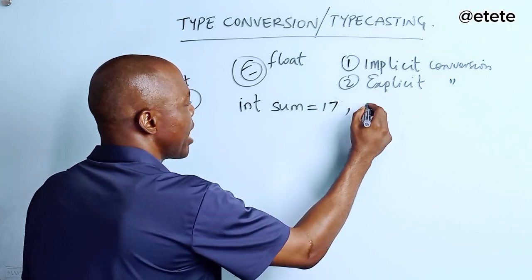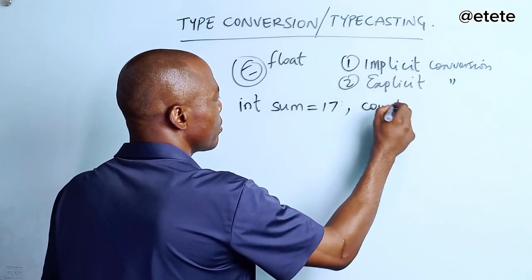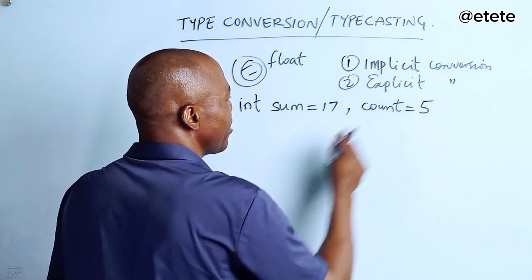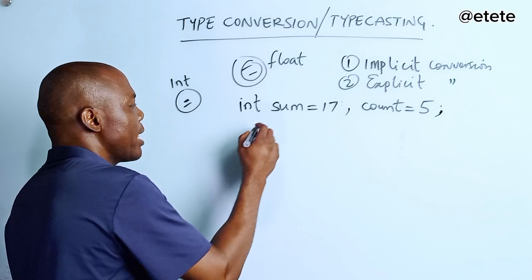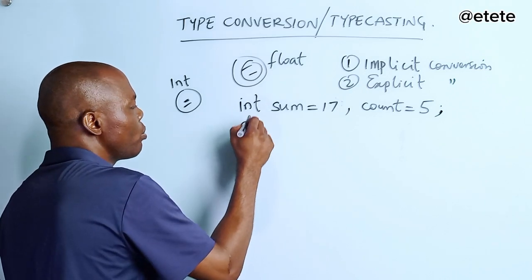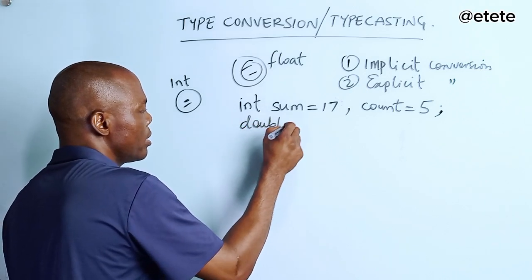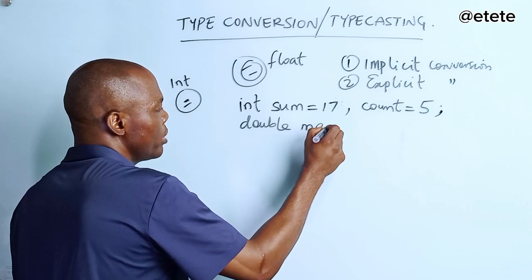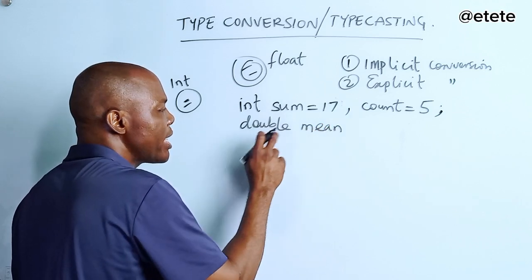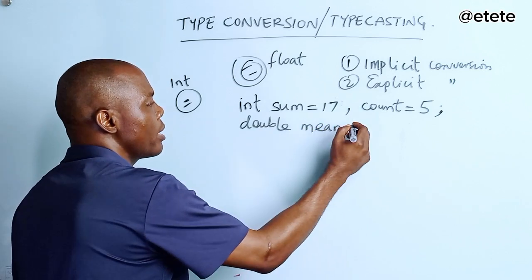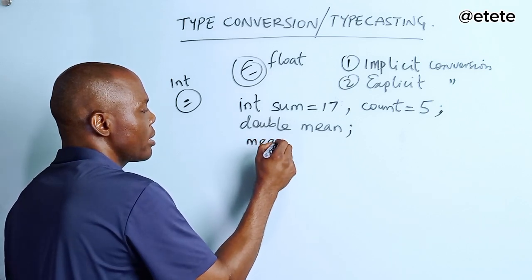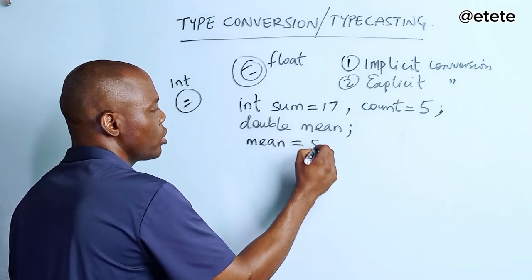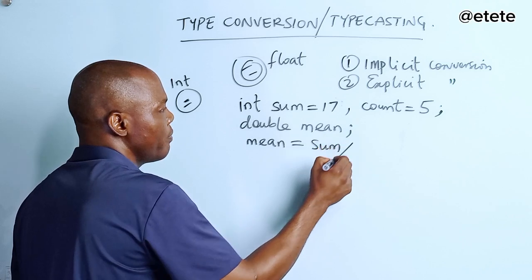Then I say count, I assign 5 to it, right? Then I now declare another variable, double mean. That is the data type of this variable, mean. Then I will now say mean equals sum divided by count.